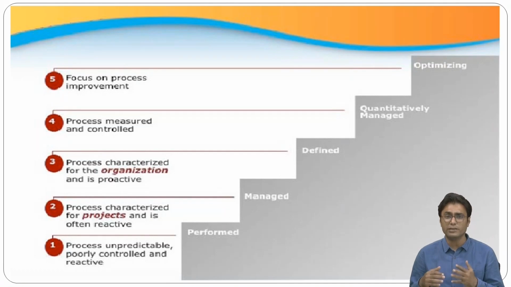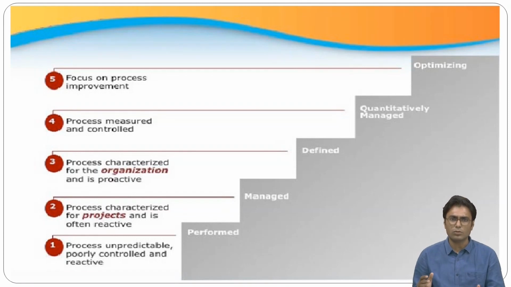Then maturity level 5, which is optimizing. At this level, processes are continually improved based on a quantitative understanding of the common causes of variation inherent in processes. So the focus is on continually improving process performance through both incremental and innovative technological improvements, right?